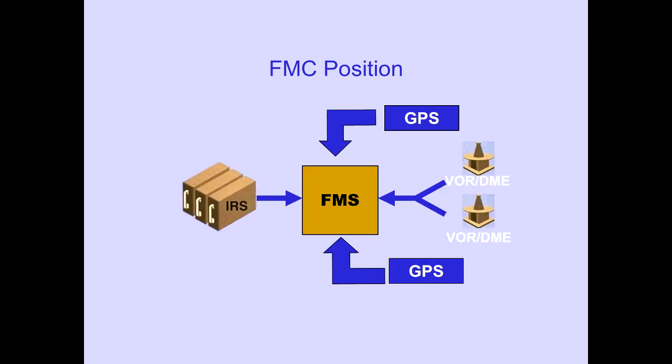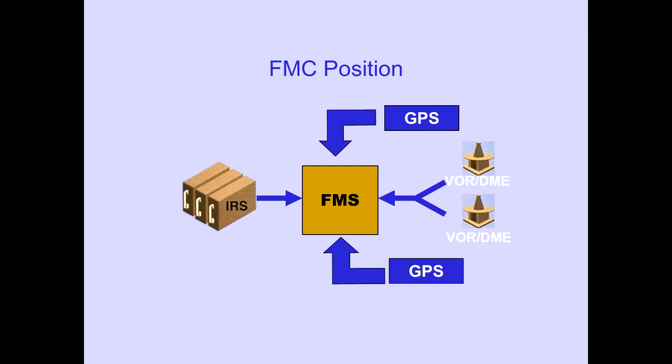The FMC position is a combination of IRS positioning, GPS positioning, and the updating from the VOR DME radios. The prioritized navigational modes that the FMC uses to determine its position are: 1. IRS, localizer, GPS; 2. IRS, localizer, DME; 3.